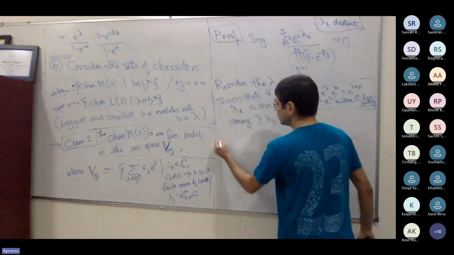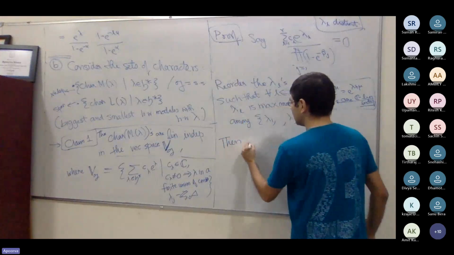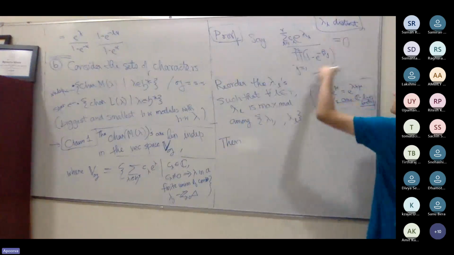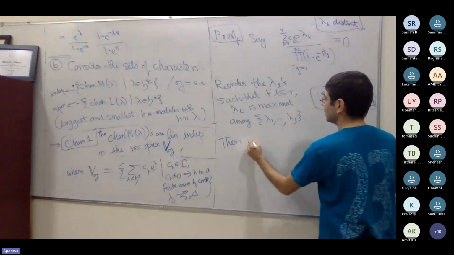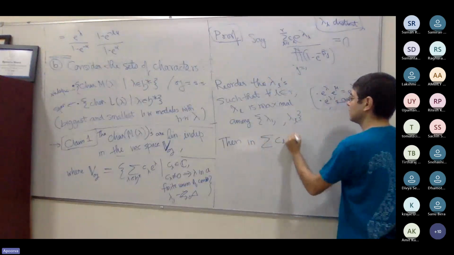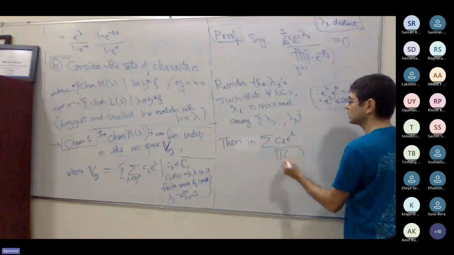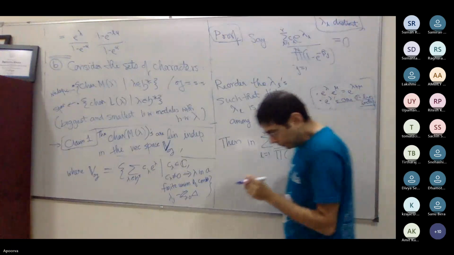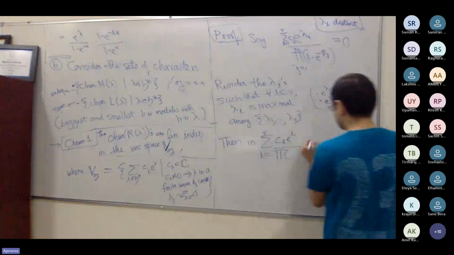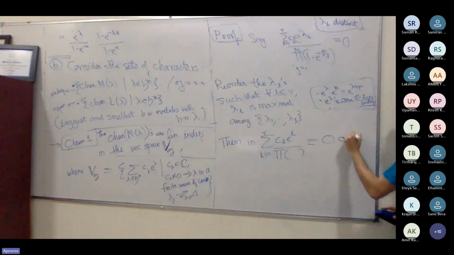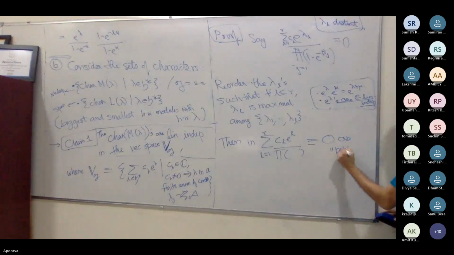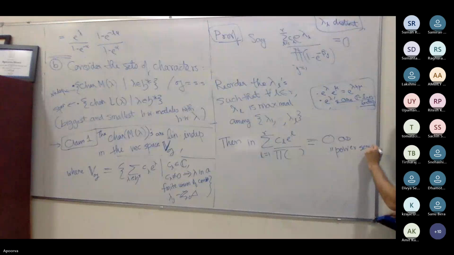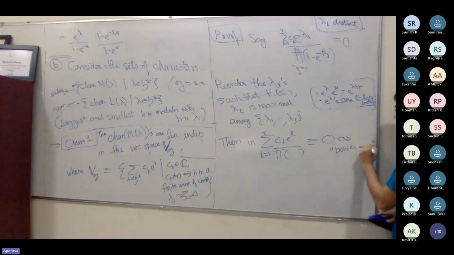Now suppose this summation is 0. Then look at this sum, the sum of c_L e^(lambda_L) divided by whatever its product is. You know that this is equal to 0 as a power series, or as formal sums.